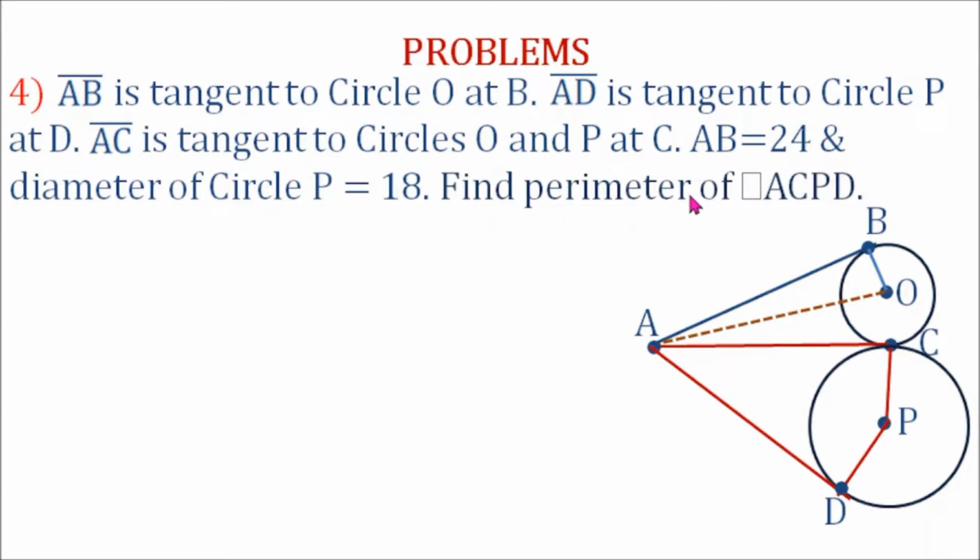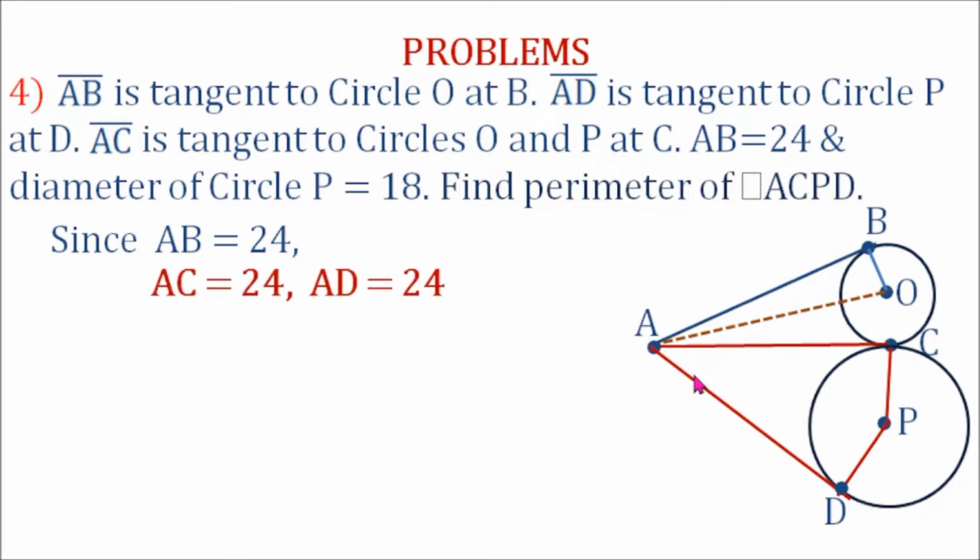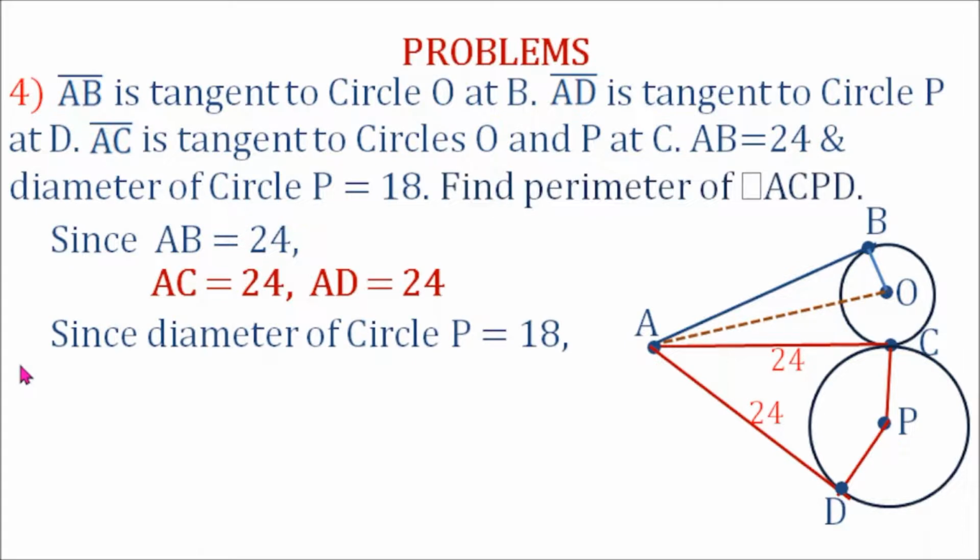Find the perimeter of quadrilateral ACPD. So first, we know that AB equals 24, so that means AC is also 24 and AD is also 24. Since the diameter of circle P is 18, that means PC, which is equal to PD, equals 9.